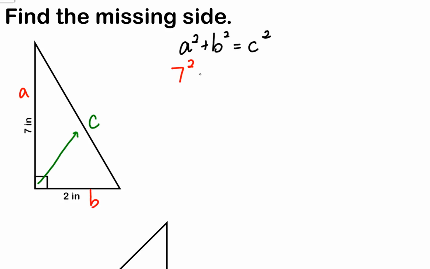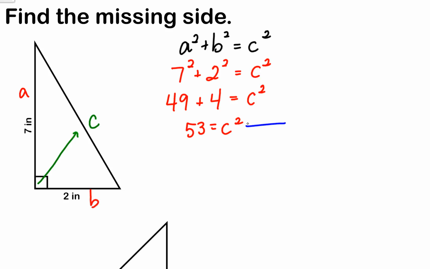So I get 7 squared plus 2 squared is equal to c squared. I know that 7 squared is equal to 49, and 2 squared is equal to 4, and that will be equal to c squared. 49 and 4 together is 53. And now I have c squared, but I want c.